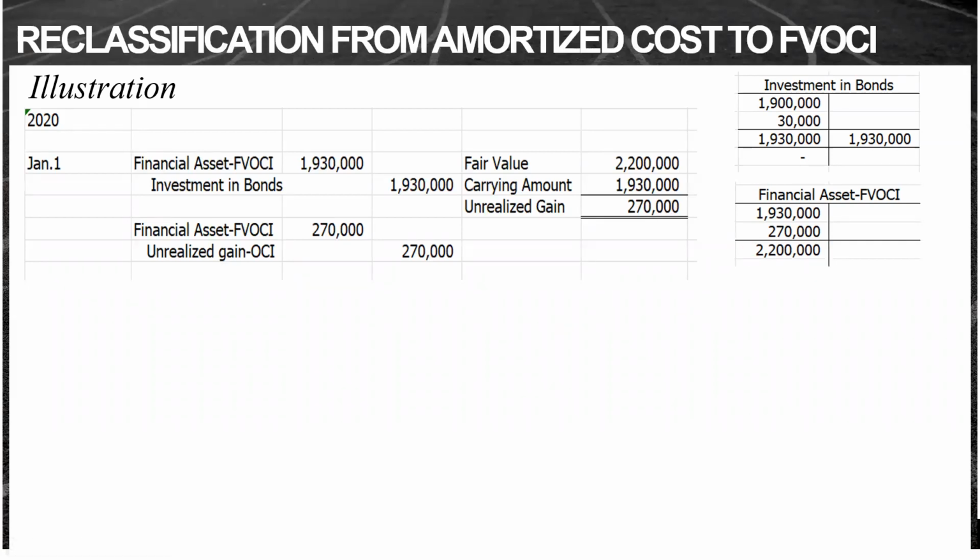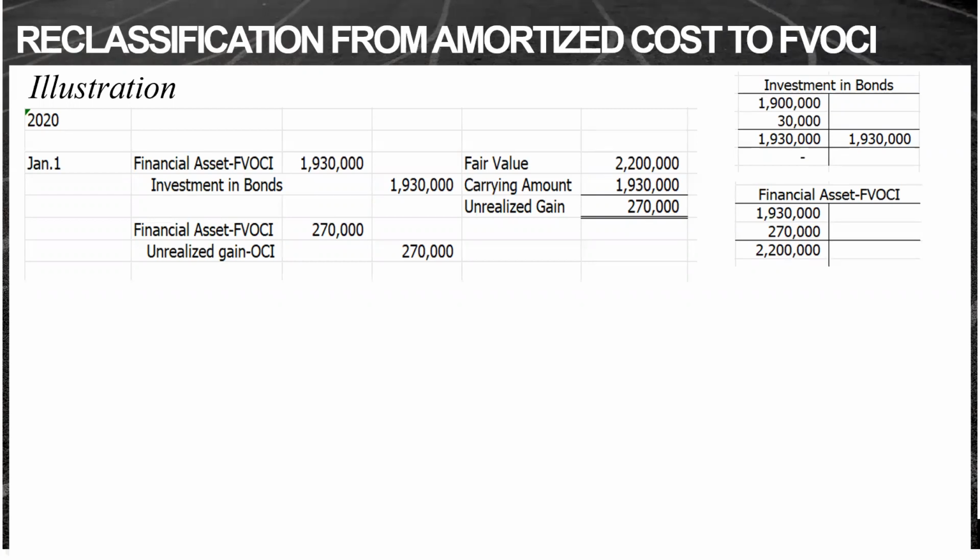So, since the financial asset has been classified already as financial asset at fair value through OCI, let us try to account the financial asset with the provisions or rules that we have in accounting for financial assets at fair value through OCI.